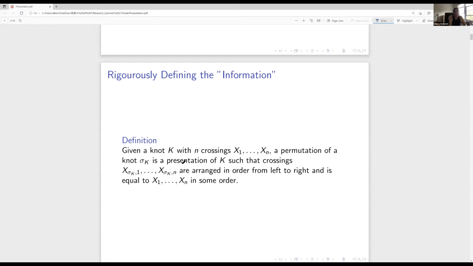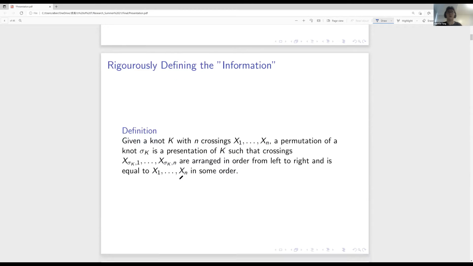Is there some sort of labeling for how they're connected, or from the knot do you just pull out n pieces of information that's just the crossings, so there could be many knots that have that many crossings?